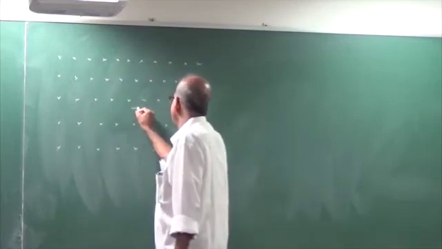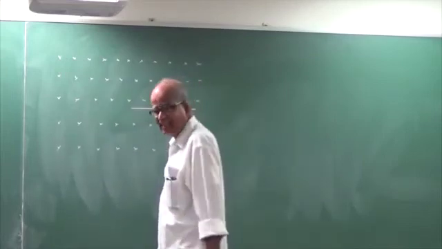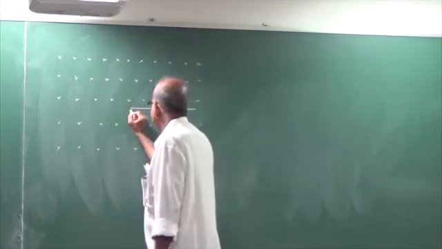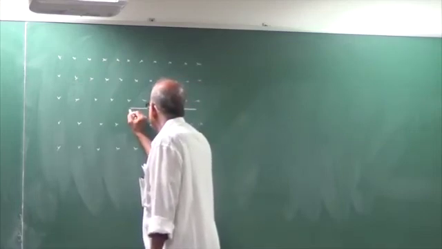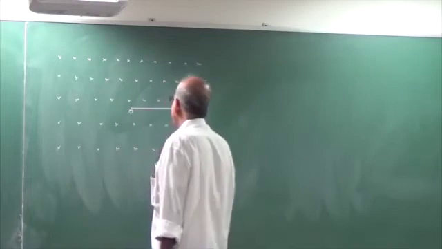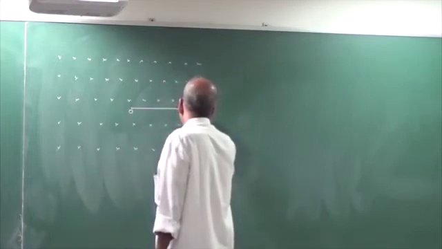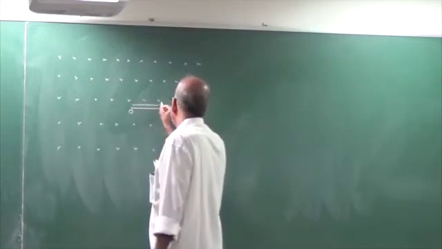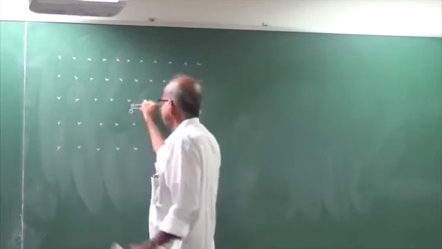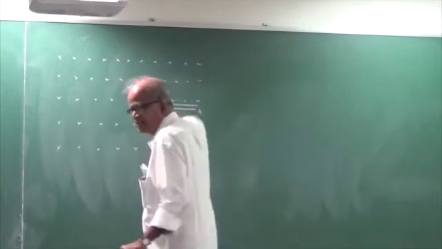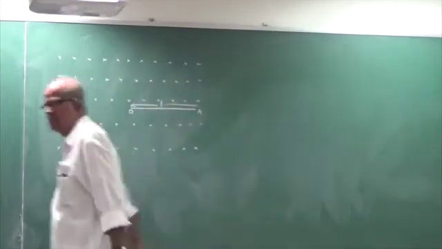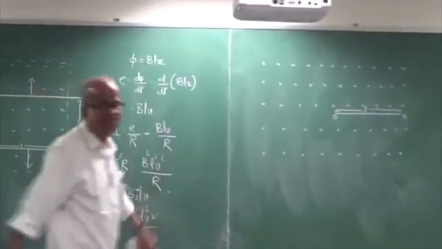There is a straight conductor of length L, rotating about the point O. I'll call this end A. This is the length of this conductor. It is rotating with a uniform angular velocity omega. What is the EMF induced in this?